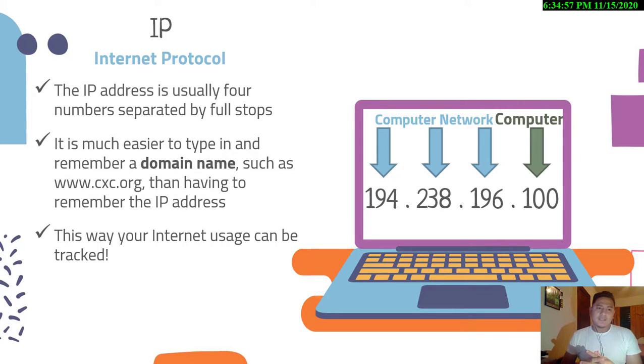There's also a disadvantage with the use of internet protocols, which is that it will allow your device or yourself to be identified or tracked down wherever you are on the internet.